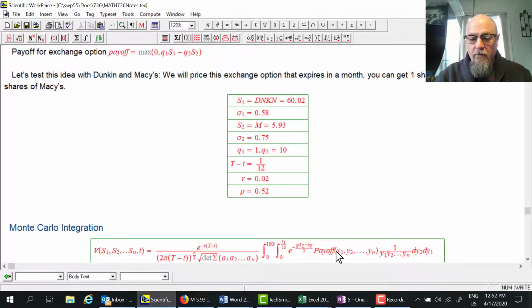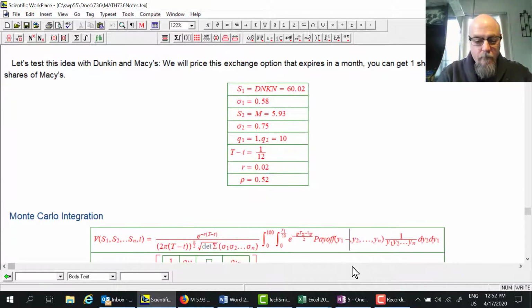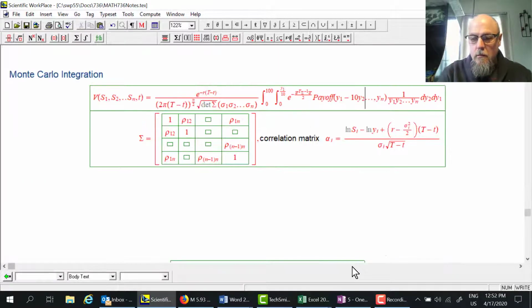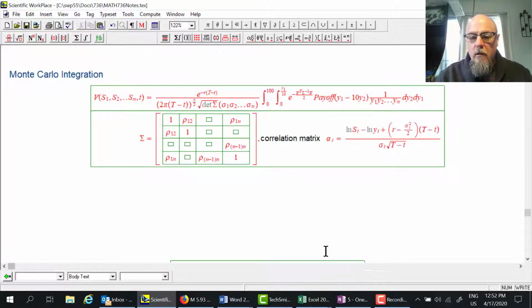So this payoff is then Q1, which is 1, minus Q2, which is 10. So that's our payoff.